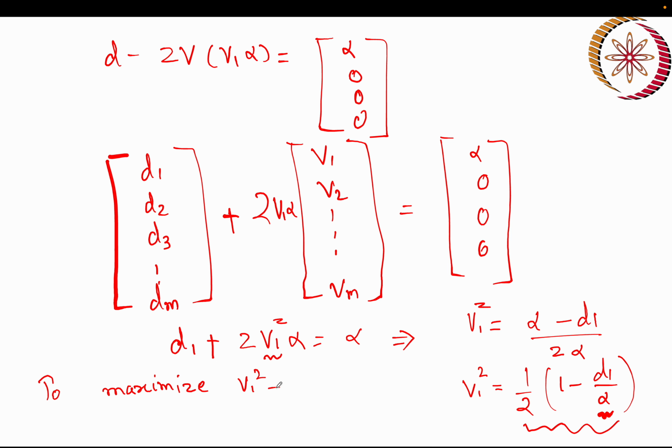So to maximize V1 square, what we will use is sign of alpha is equal to minus sign of D1. This is just for convenience, in order to avoid any numerical errors or amplification of the error.